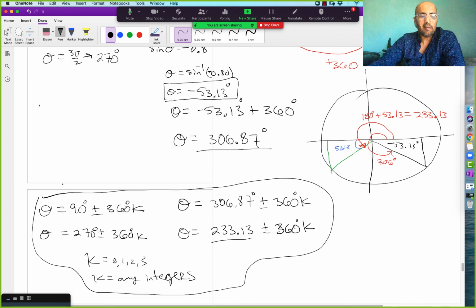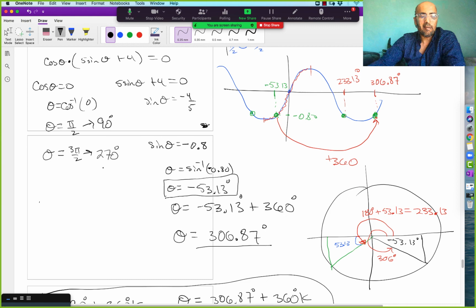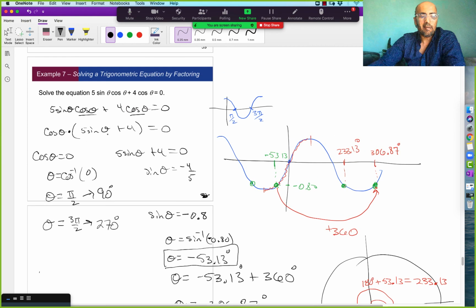Lots of different angles can result in a true statement for these. So if we replace theta by any one of those angles, we should be able to get a true statement.